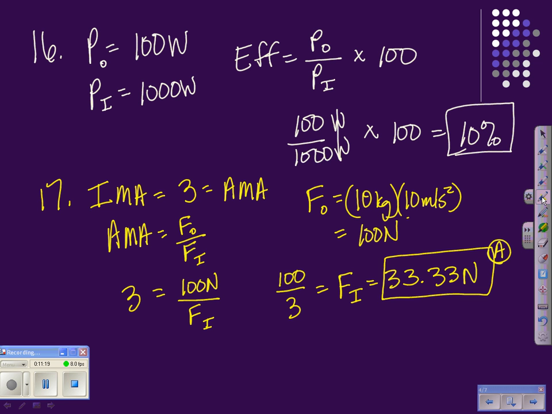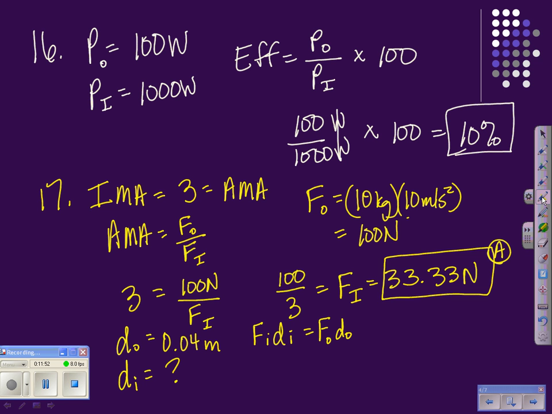Now on B, it says if the object rises 4 centimeters, how far does the puller's hand have to move? That's how far the object rises, so that's my distance out: 0.04 meters when I convert. They want me to find the distance in, because that's what my hand is going to do. I need to remember that work out equals work in, so Fi di equals Fo do.